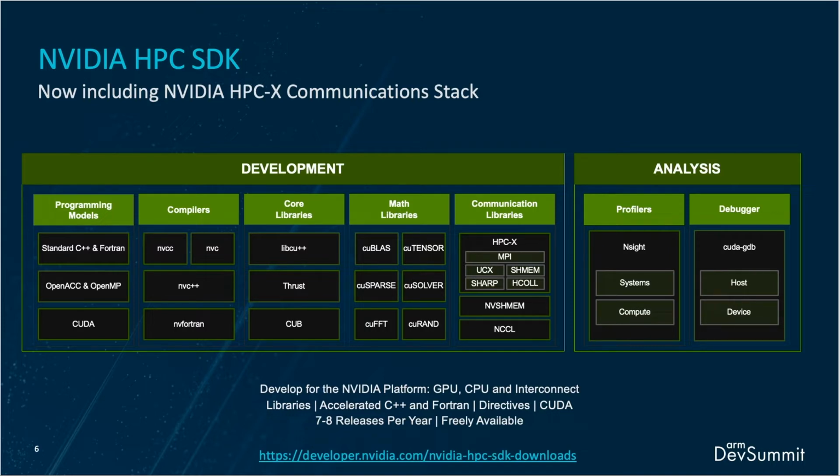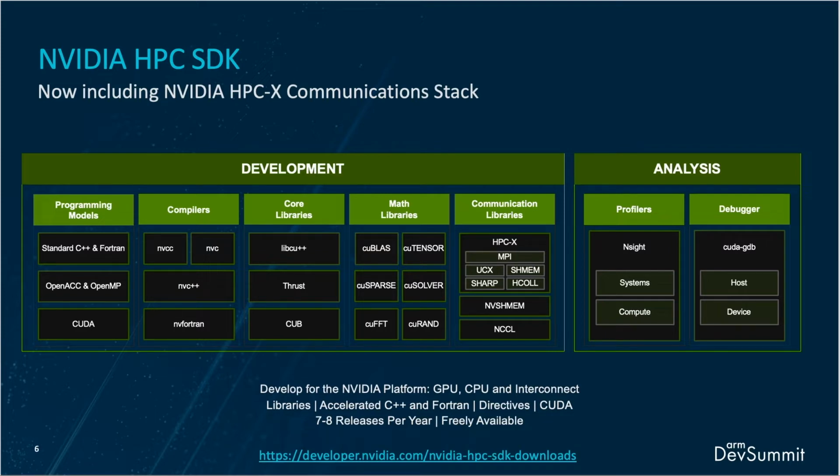So you'll see here the GPU math libraries that complement, of course, the CPU math libraries that are provided by others. We have a full service communication stack, which includes MPI as well as PGAS libraries, and some optimized collectives and other features specifically for machine learning, like NCCL. And then, of course, there are the programming tools, profilers, and debuggers that complement all these things.